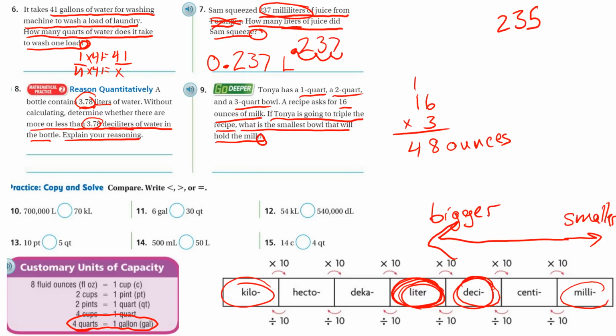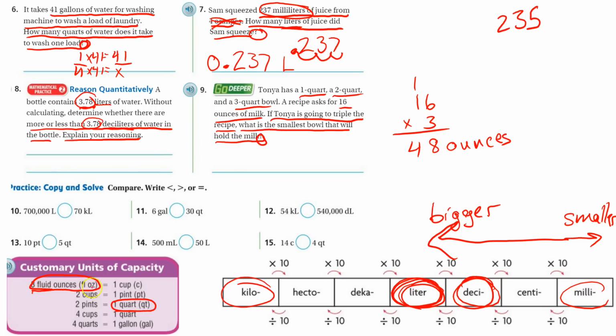And we have quarts, so let's go down here, and we want to go from ounces all the way up to quarts. How are we going to get from ounces to quarts? Well, we have to go through a few different conversions. 8 fluid ounces is 1 cup.